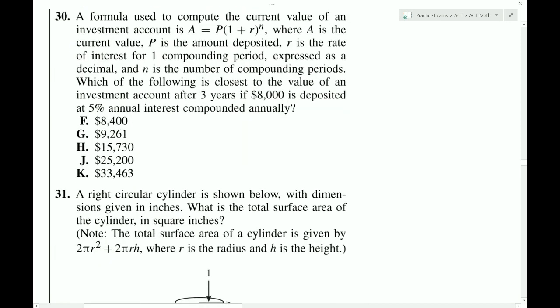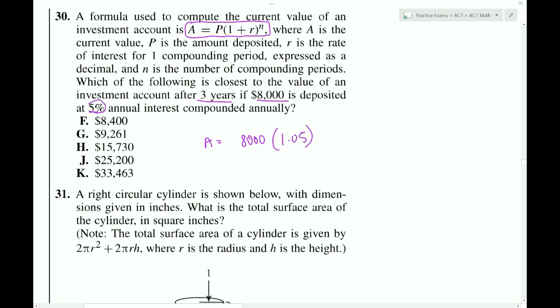Formula used to compute the current value is this. Okay, so this is our normal interest formula. Which of the following is the closest value of an investment after 3 years if $8,000 is deposited with 5% annual interest? Okay, so amount equals the principal, which is 8,000, times 1, basically the multiplier, which would be 1.05, right?